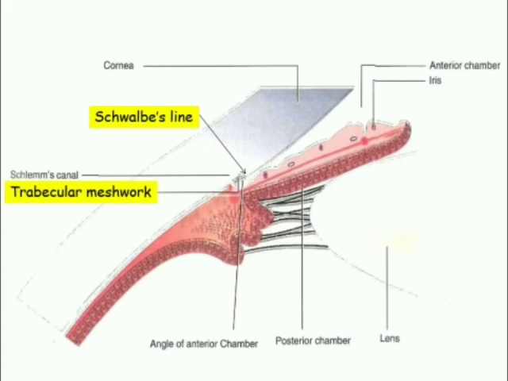Its appearance may vary, but we have to remember that it does not have any pigment at birth, but it develops pigmentation with increasing age. Therefore, with age, its color differs from faint tan to dark brown. Usually, this color can be appreciated on a gonioscopic examination.